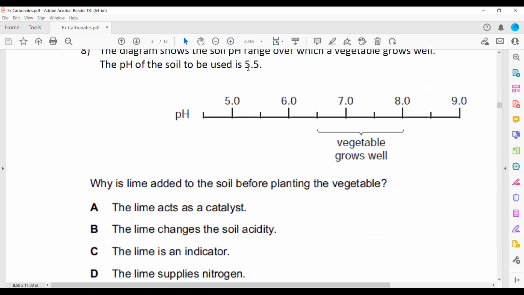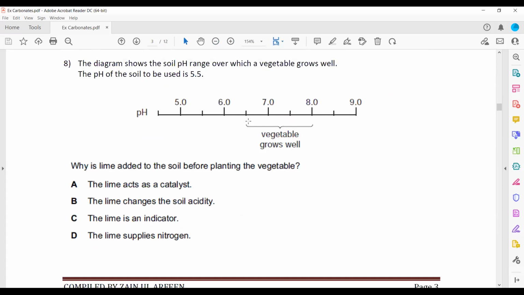Then the diagram shows the pH of a soil over which vegetables grow well. The pH of the soil to be used is 5.5. Why is lime added to soil before planting the vegetable? As you can see, the pH of the soil is 5.5, so it is acidic.